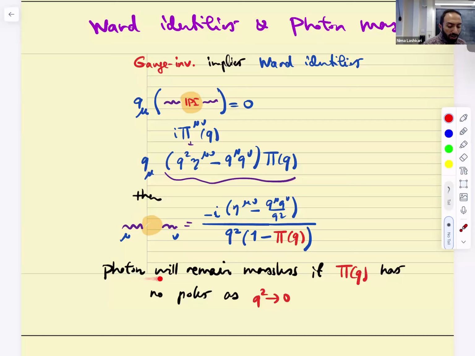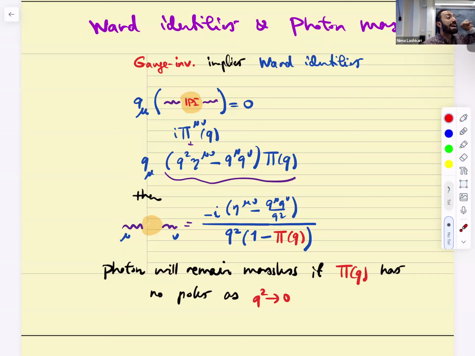Now, the photon will remain massless if Pi of Q, calculated to arbitrary loop, has no poles as Q squared goes to 0. We saw that in QED at one loop by explicitly writing down what this Pi of Q was. Pi of Q was just an integral where the fermion was propagating around the loop.